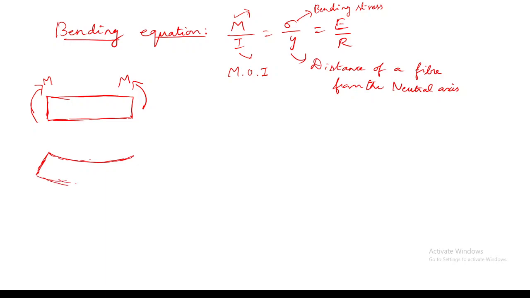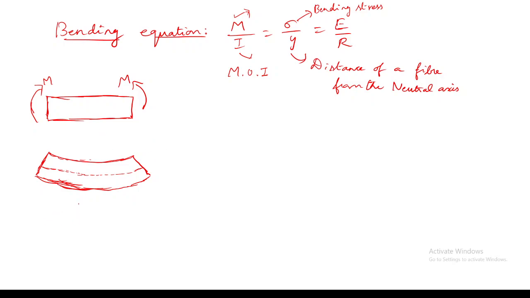For this loading the top fiber contracts whereas the bottom fiber elongates. So somewhere between these two you will have a surface where the length of the surface before and after bending is the same. That surface is termed the neutral surface.